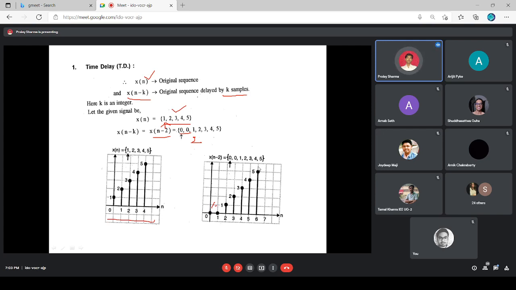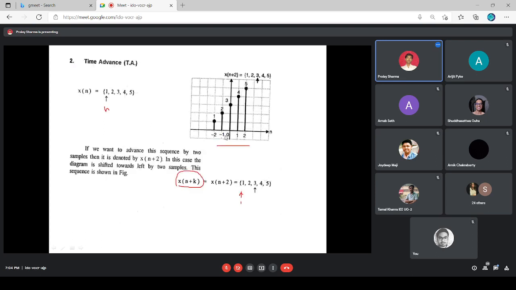So signal gets delayed. And mathematically it is represented by x[n minus 2]. That means signal is now delayed by 2 units. In generalized form it is n minus k. That means the original sequence is delayed by k samples. Advance.